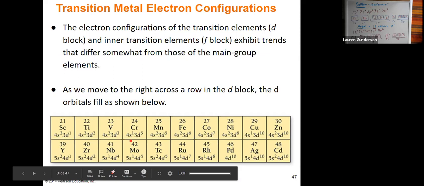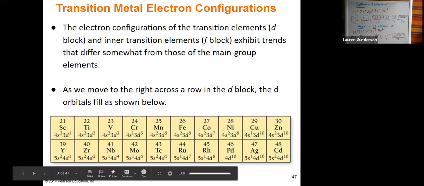Okay? But it turns out that having a full 4s sublevel and an incomplete 3d sublevel costs more energy than if the 4s, that second 4s electron, then having it jump up here and fill in that missing space.